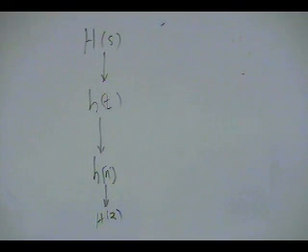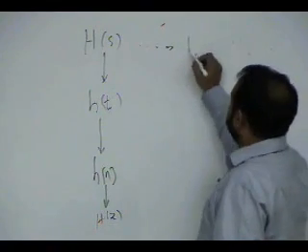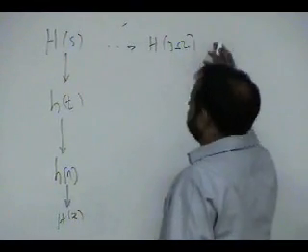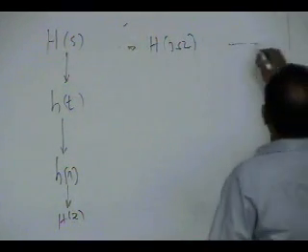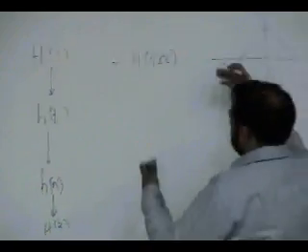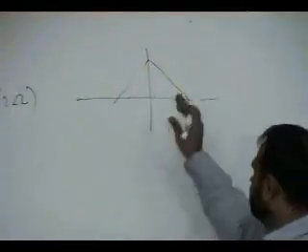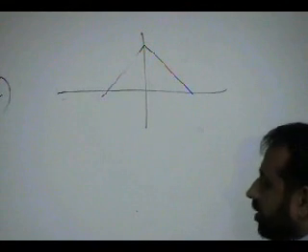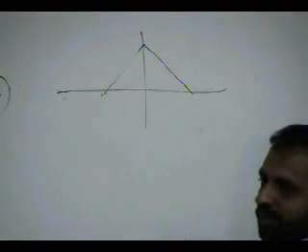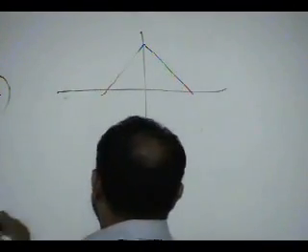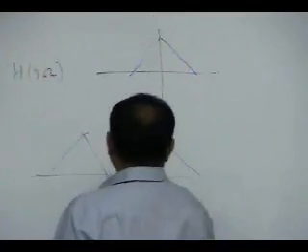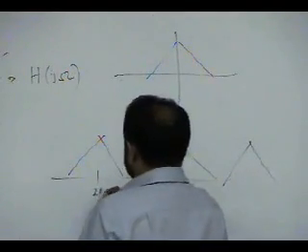H of s has a corresponding H of j omega, which is the frequency response of the system. Let's say this is H of j omega, for example. Once you discretize it, do you remember the steps we go through? You get a copy of it at every sampling frequency, so a copy at every omega s, which is fine, we don't worry about this, because this will ultimately become 2 pi and this will become minus 2 pi.